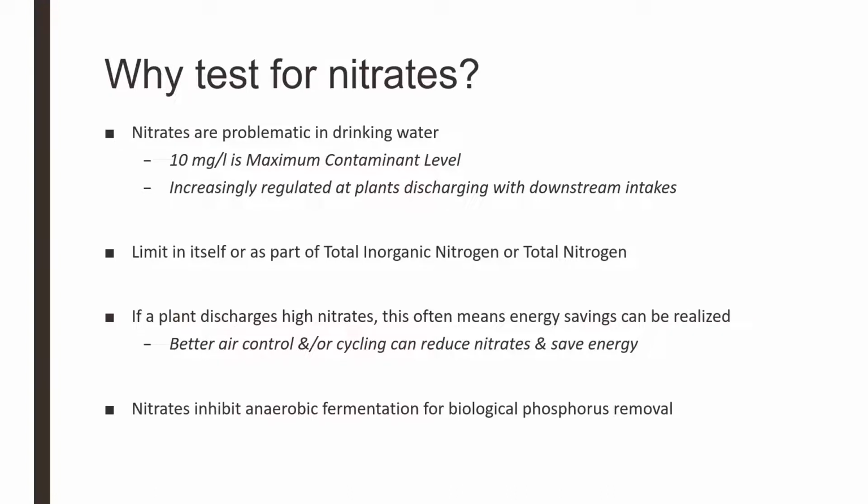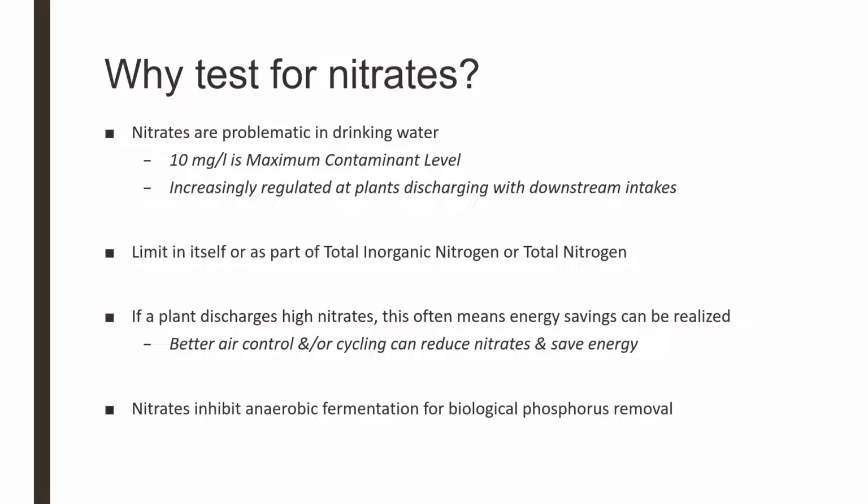So nitrates can sometimes dominate the nitrogen species at your plant. A lot depends on how you operate it and some other characteristics of the wastewater, but nitrates is a hard one to ignore because if you have good ammonia removal, your plant at some point in the process will have high levels of nitrates in it.